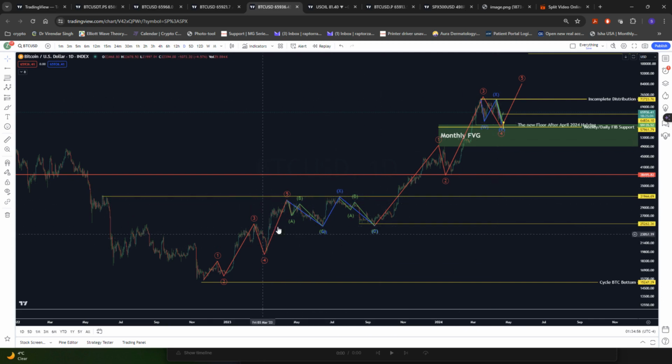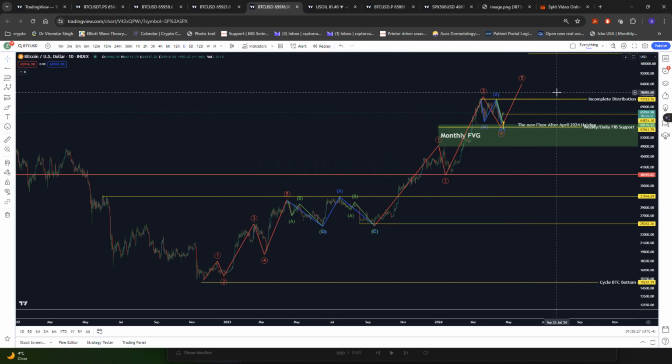Either we go up and just SFP the high. I'll tell you later why SFPing the high is a real possibility. But if you go up here, SFP the high, and then come back again to this region, like we did over here, and then do this part again for a while, and then go up, it's a real possibility. If we just use Elliott wave at this point, it would be very hard to tell whether we are going to get this part.